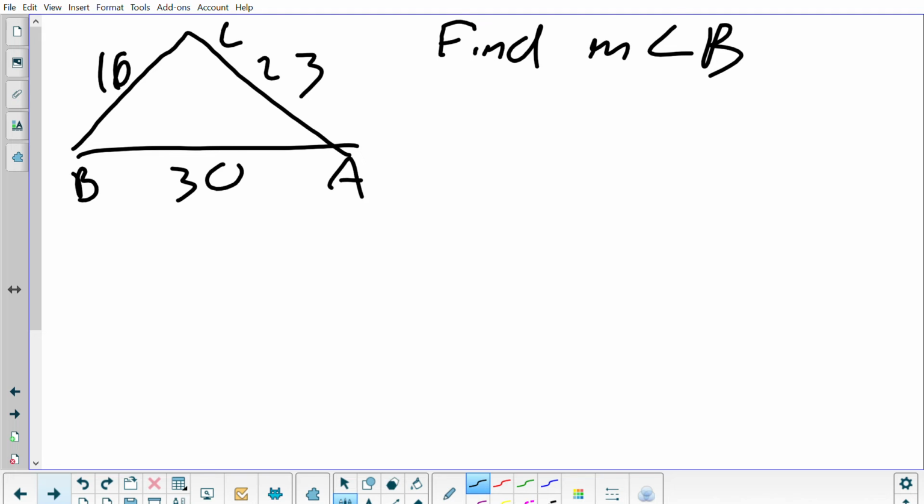Okay. So for this case, they'd say just find the measure of angle B, not to find everything else. Okay. And I have side, side, side, so I know I'm using law of cosines. So I know that we're using B as this portion.